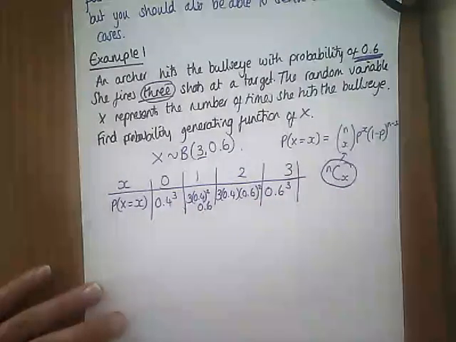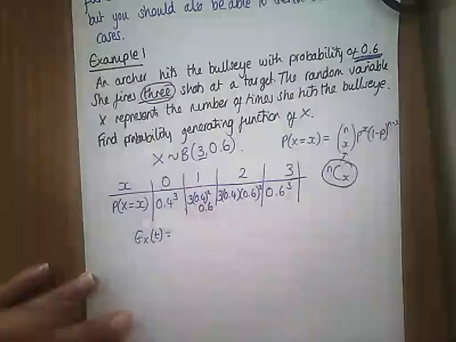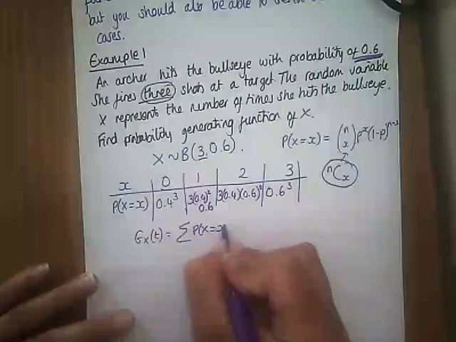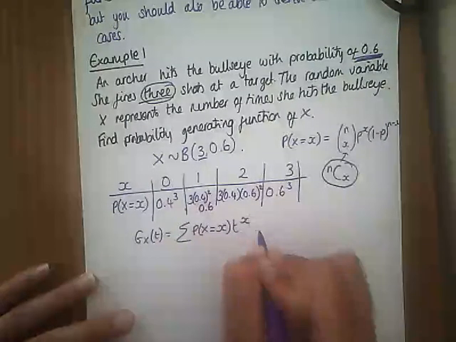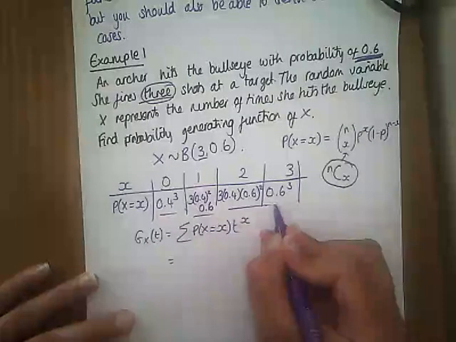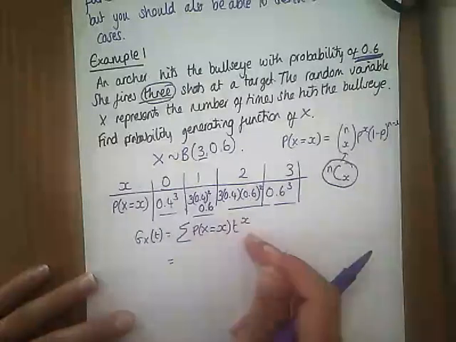Now we know that the probability generating function is the probability mass function times t to the power of x. I'm going to leave these with powers, and you'll see why at the end. Rather than work them out as numbers, I'm going to leave them as they are.